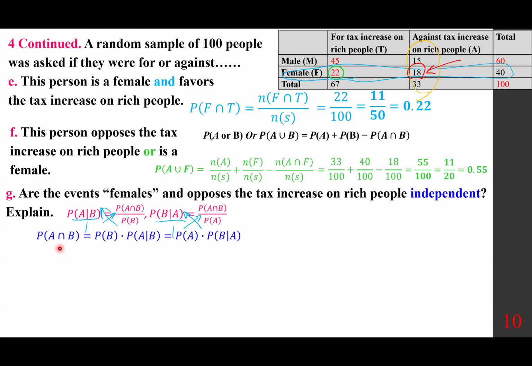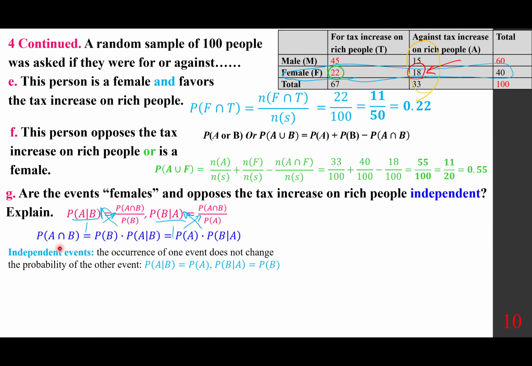Now, here's the important definition. Independent events: the occurrence of one event does not change the probability of the other event. This statement is very hard to understand, but it becomes clear when we look at the formula mathematically. It means probability of A given B is probability of A, probability of B given A is probability of B, meaning conditional probability just changes to a basic marginal probability.